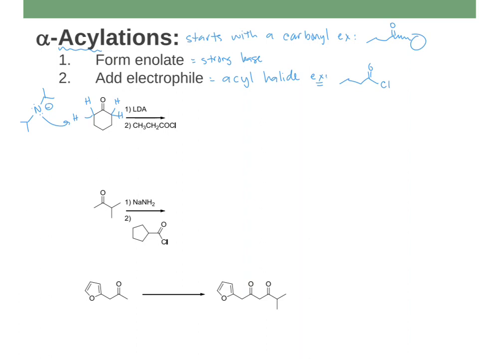I'm going to have it pluck off one of these hydrogens, which allows me to form my enolate. Now, in this case, I just have a 3-carbon acyl chloride. 1, 2, 3, yep, there we go.